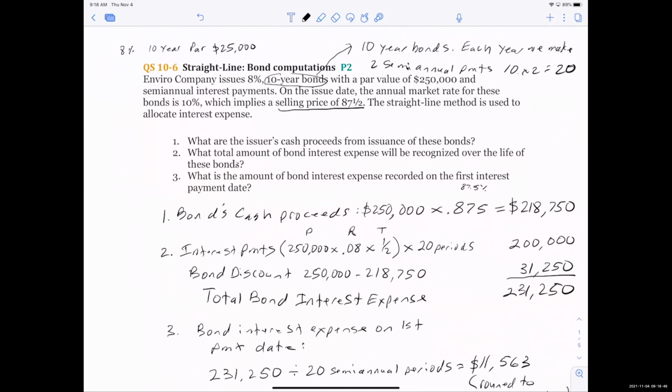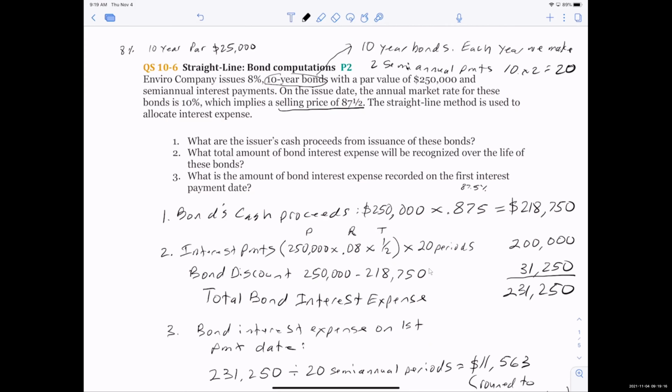What total amount of bond interest expense will be recognized over the life of these bonds? Well, the total interest expense is going to be made up of the interest payments, of course, what you actually pay in cash. But also, remember when we said we issued our bonds at a discount?